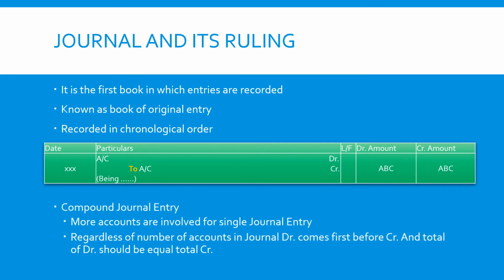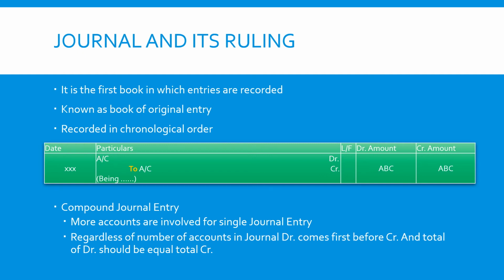Now, this is a very simple example where we have only two legs and the transaction is complete. But there are scenarios, very commonly happening, called compound journal entries, where more than two accounts are involved in a particular transaction. Irrespective of more than two accounts, the rule is that the total of your debit must always equal the total of your credit, and the debit must be recorded first before your credit.